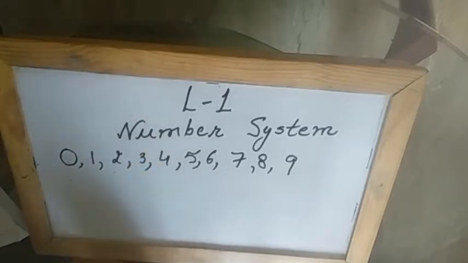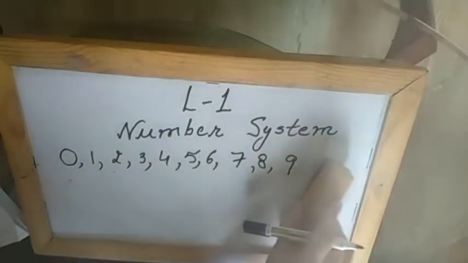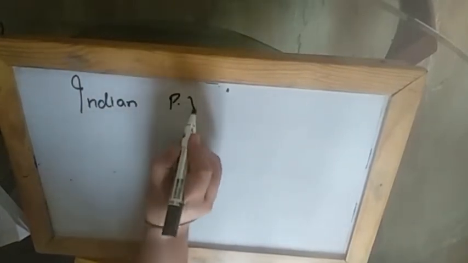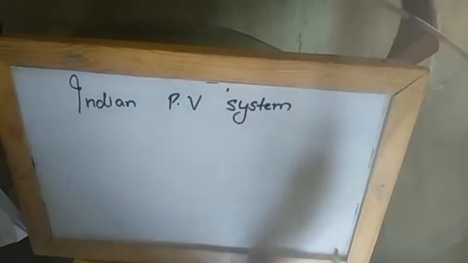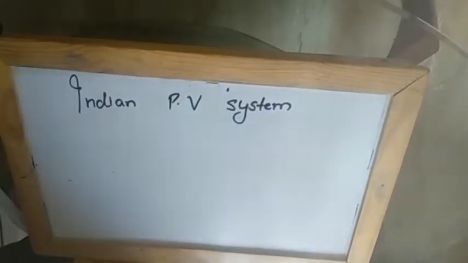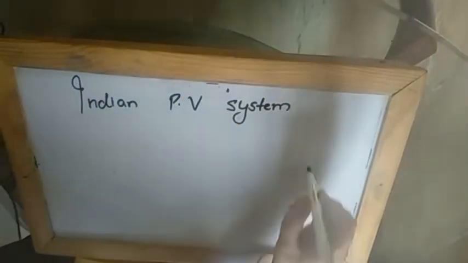So before I start with exercise 1A, I'll revise the Indian place value system. So we have this place value divided into certain periods.